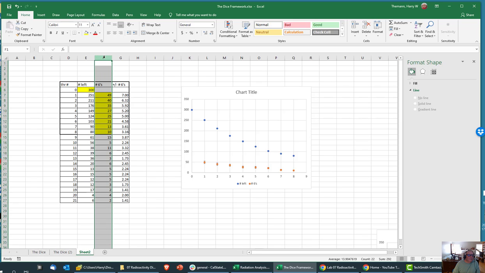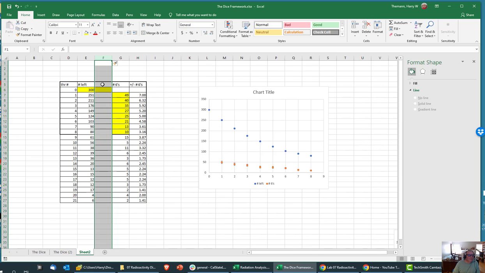So one could insert here, and we could give it a plus minus, and you have to hit this apostrophe first, because if you don't, Excel will complain.